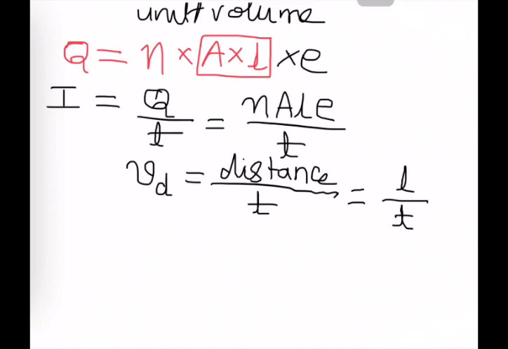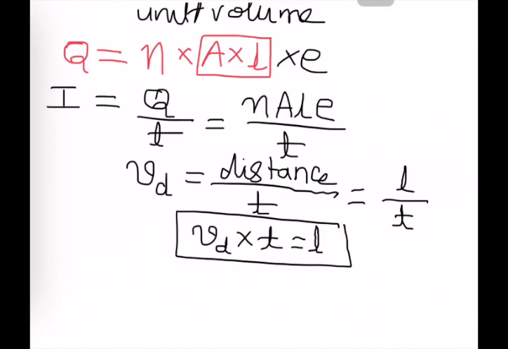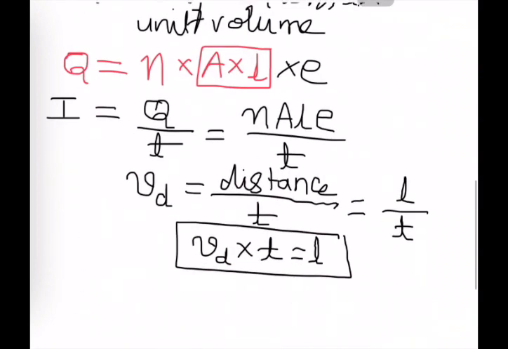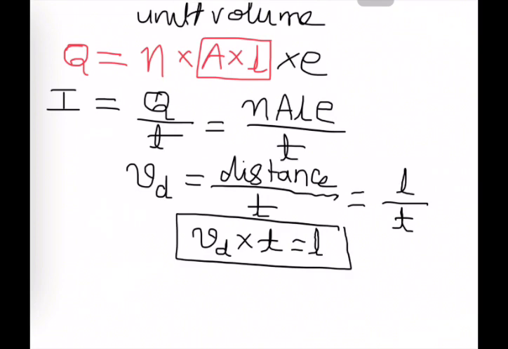Cross multiplying, Vd into t gives the distance. Velocity into time gives the distance traveled by the electron. We have assumed that all the electrons travel through this distance L in a time t. Therefore, replace L by Vd into t.